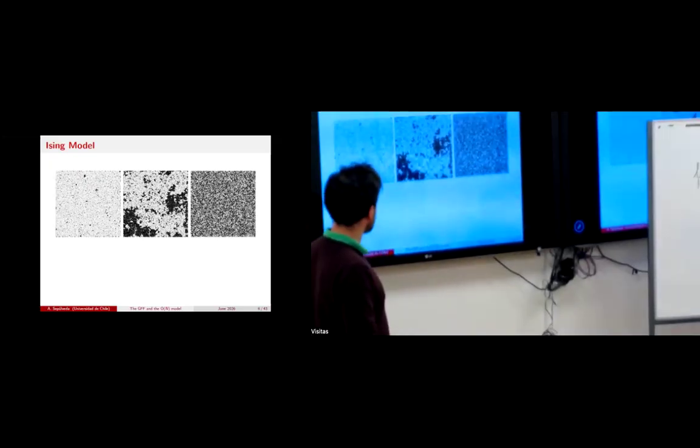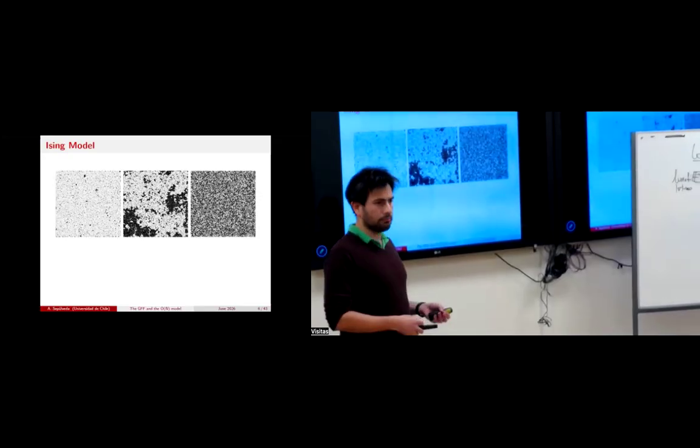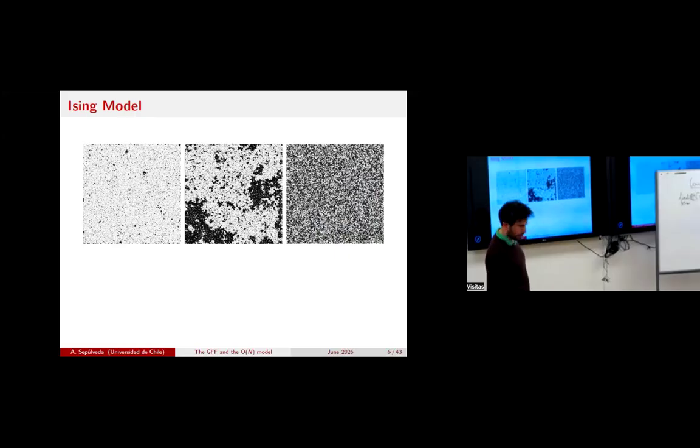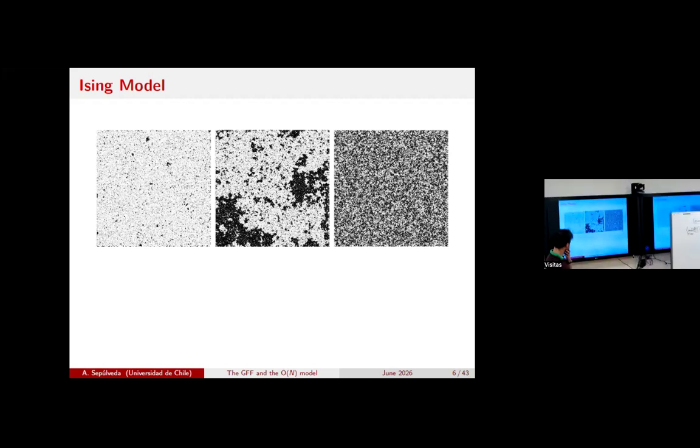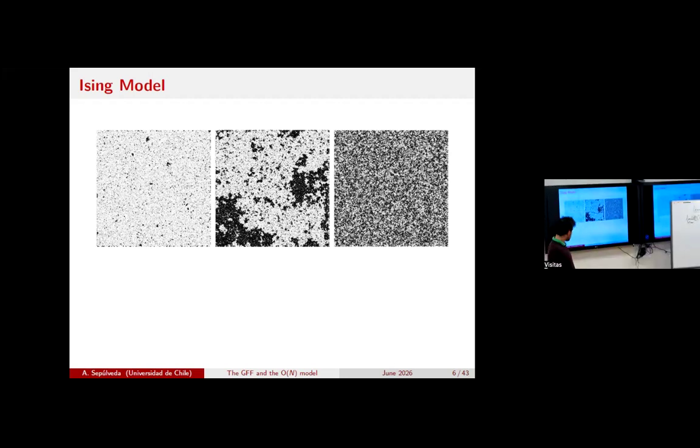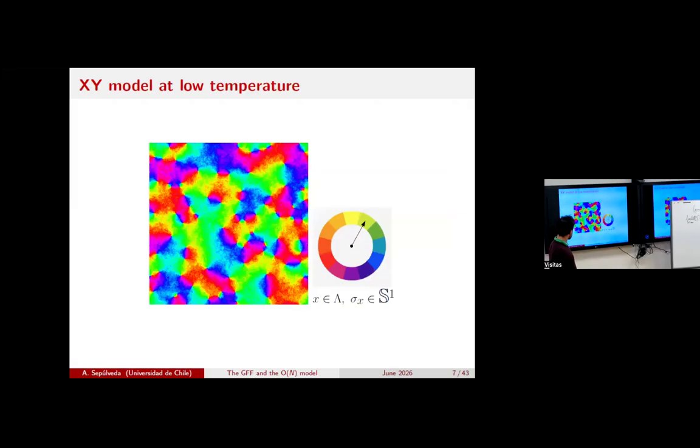Okay. And so there is a different behavior, and we understand really quite well the Ising model. There are still many open problems, but it is a well understood model. The next one is the XY model, or the O2 model, meaning that my spin now lives in S1, that's the circle.